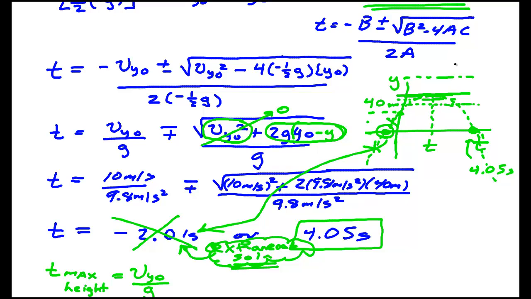Because these things are so important, this b squared minus 4ac is called the discriminant. Three possible solutions. If that discriminant is greater than 0, you get 2 real roots. If it's 0, you get 1 real root, which is your time of maximum. And if it's less than 0, they're imaginary.